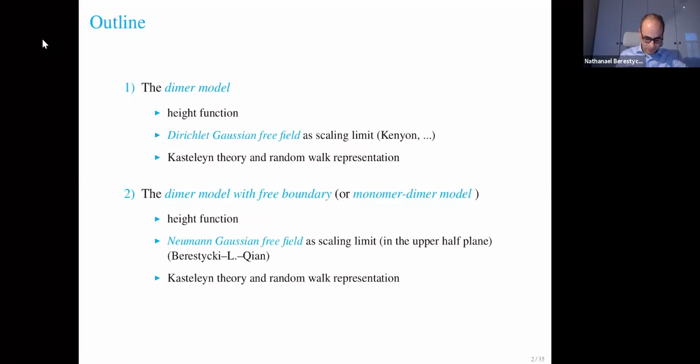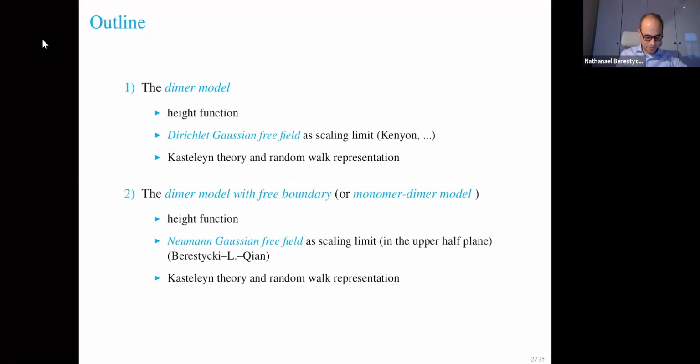In some sense, the plan for both parts of the talk look pretty similar. I'll talk about what is the height function and what is the Dirichlet Gaussian free field, and what is the random walk representation for the Dimer model. And you can see that the plan for the second half is, roughly speaking, the same, with the difference that Dirichlet has been replaced by Neumann.